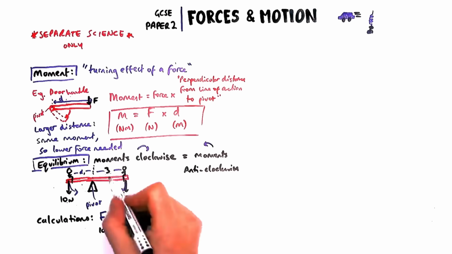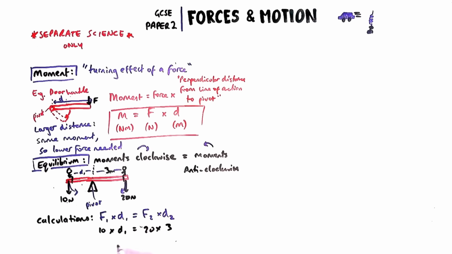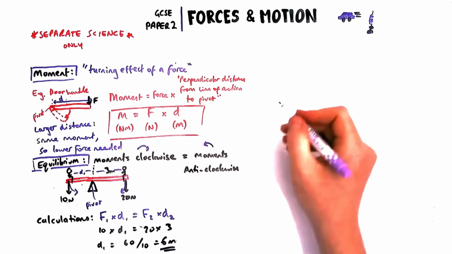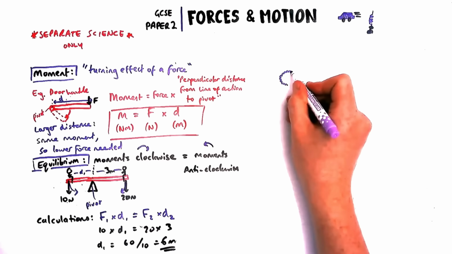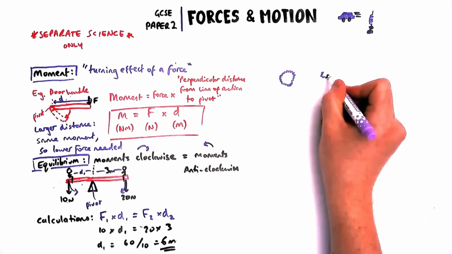To find out what distance person 1 has to be from the pivot to make it balanced, I would put these three numbers into my equation and solve for d. In this case, it would give me 60 on the right hand side divided by 10 on the left to give me 6 meters in total, which makes sense because it's double the distance that person 2 is away, and they've got half the weight.